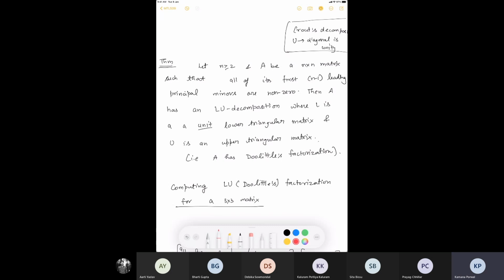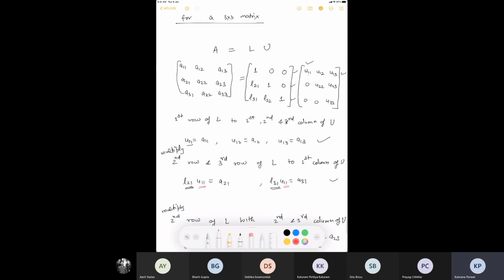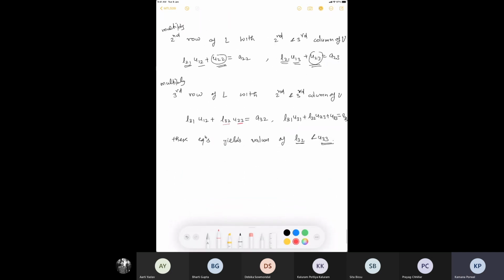I'm considering a matrix A. So if you realize what U11 is, let's write it down.